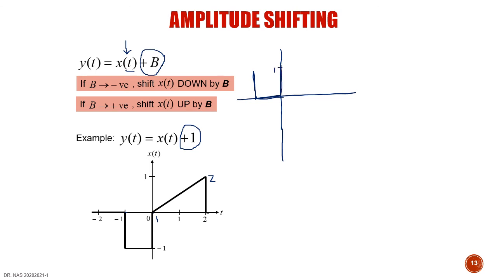So here is +1. And then going up, 1 plus 1 becomes 2. And here 0 at point 1. Okay, so this is your new signal. Okay, crossing at 1. Okay, so this is -1, 0, and here is 2.